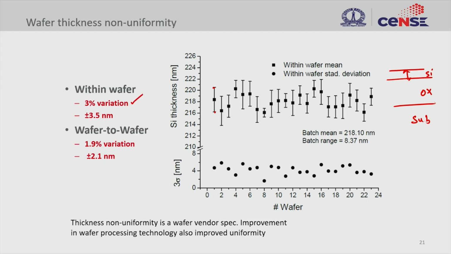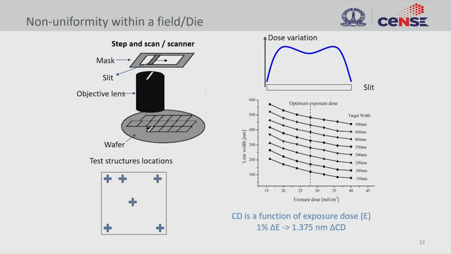There is a within wafer variation of 3%. However, wafer to wafer variation is about 2%. So it is less than within wafer variation. So when you are processing multiple wafers and multiple batches, the variation can be not just coming from your process, it can be from your starting wafer itself. So this is something one should be aware of.